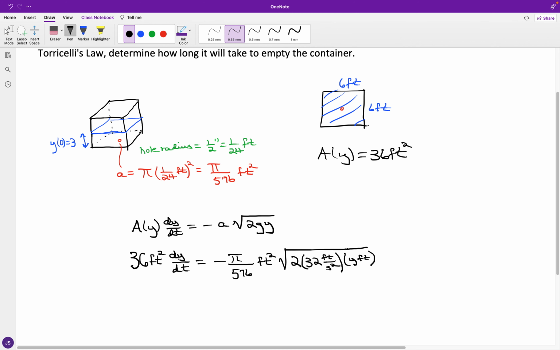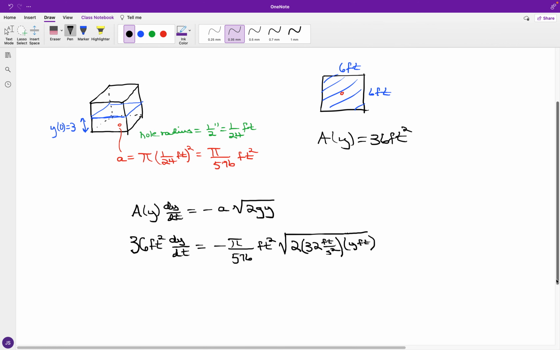What's going to happen here is that the change in y with respect to the change in t is in terms of feet per second. The cross-sectional area and the area of the hole are in square feet, and if I took the square root of the product of the units, square feet per square second, you have feet per second, as would be prescribed for dy over dt. So I just wanted to check for the consistency of units.